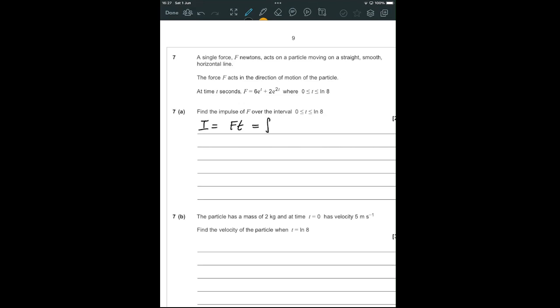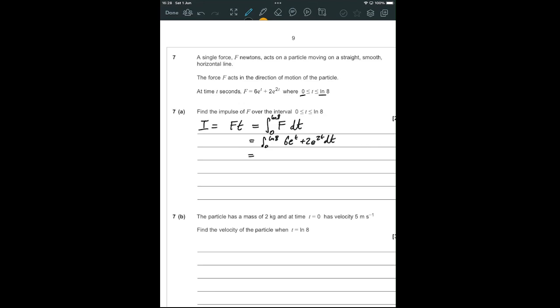However, if the force is non-constant, this turns into an integral. So we're actually integrating between 0 and ln 8, those being my time boundaries. So this is the integral between 0 and ln 8, 6e to the t plus 2e to the 2t.